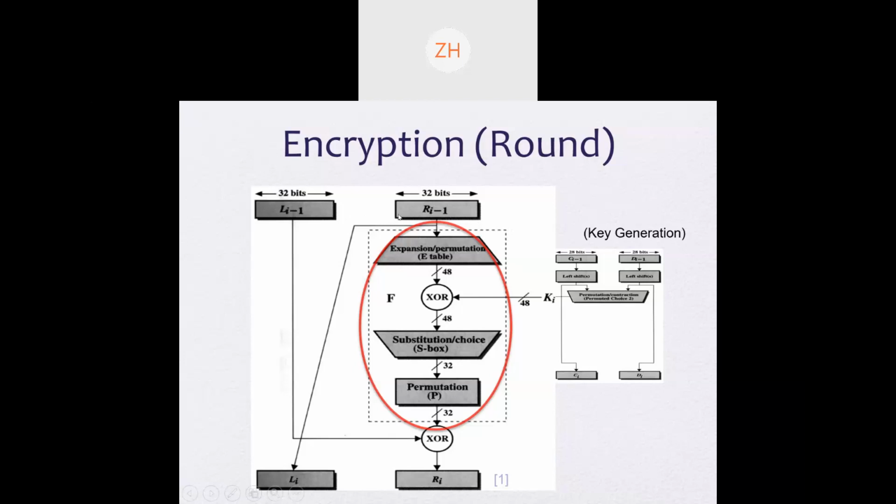This one is bit 1, bit 2, bit 3 until bit 32. Same goes after you have the expansion table: you have to rearrange into a new block, so bit 1 until bit 48. So the output from the expansion table will go to S0 with the key itself. Any question?